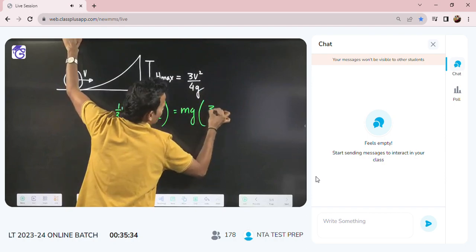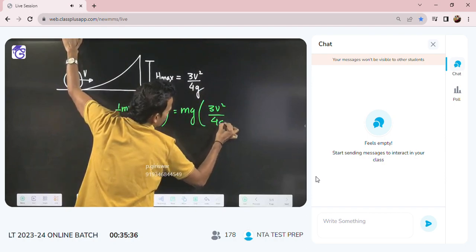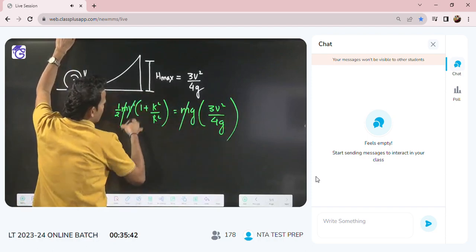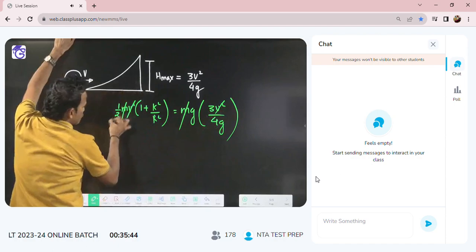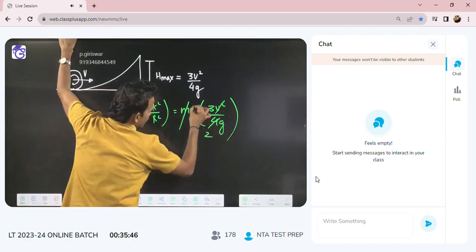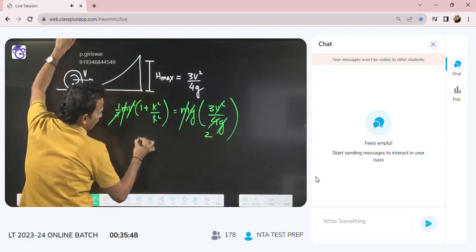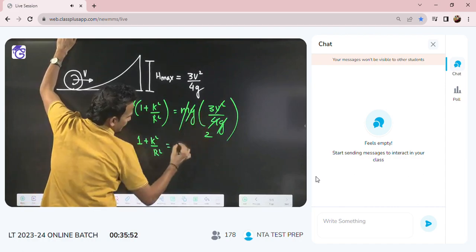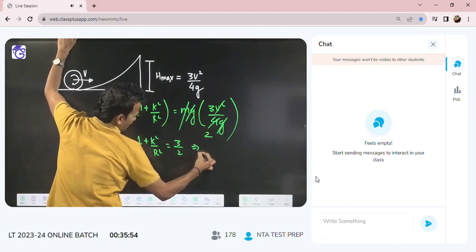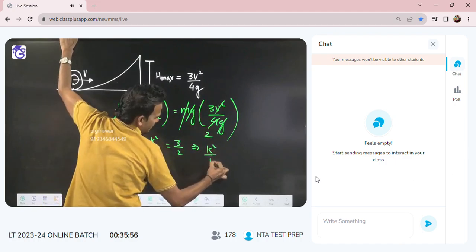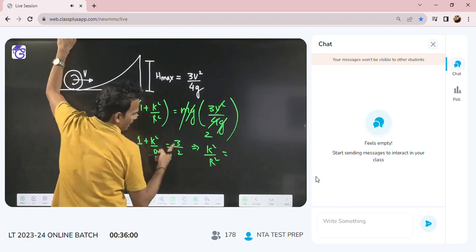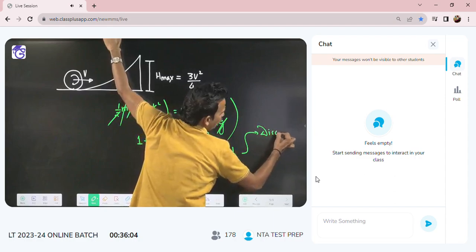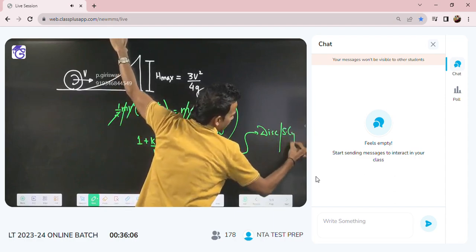H max you have given as 3v square by 4g. Now solve from here. Cancel v square, cancel these 2 and this 4, this g also cancels. So from here 1 plus k square by r square will be 3 by 2. How easy the calculation is. K square by r square will become 3 by 2 minus 1, that is 1 by 2. That means the body is either a disk or a solid cylinder.